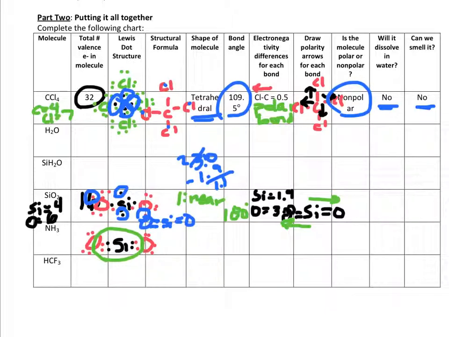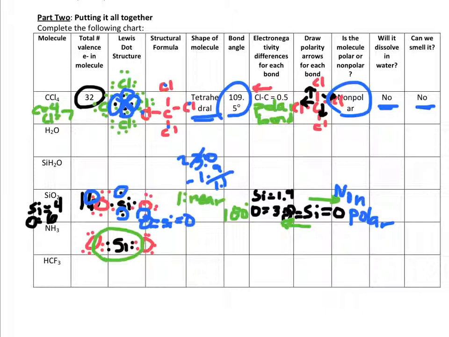To figure out if this entire molecule is polar or nonpolar, you have to see if they're pulling in equal and opposite directions. In this case, one oxygen is pulling to the left, the other oxygen is pulling to the right. They have equal strength, so it is equal and opposite. So this is a non-polar molecule, right?